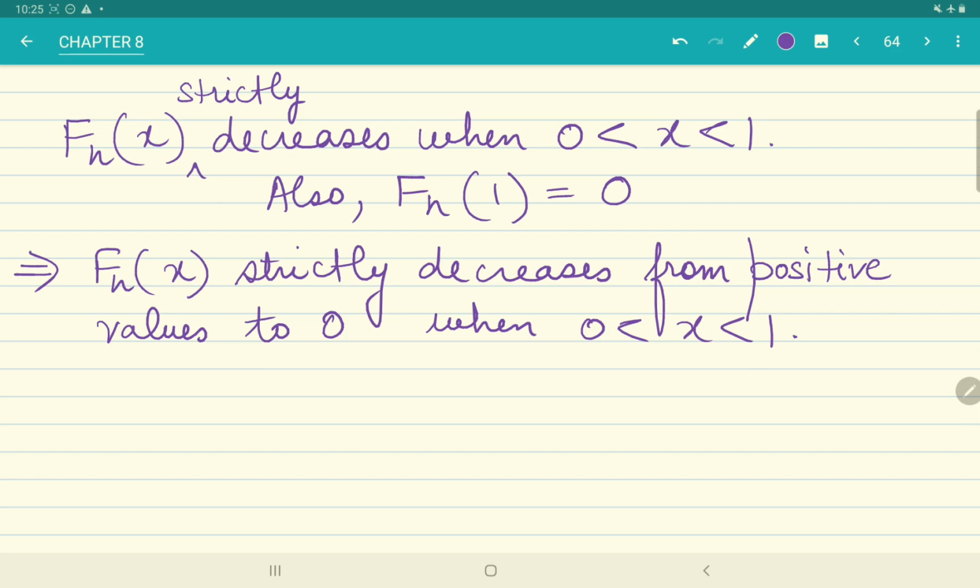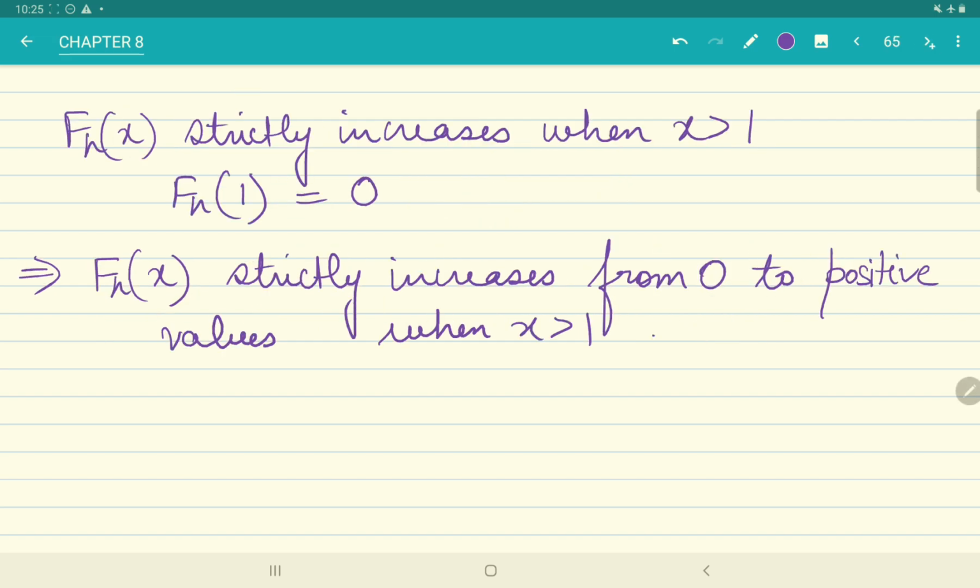So first we see that fh of x strictly decreases from positive values to 0 when x is between 0 and 1, and then I see that it strictly increases from 0 to positive values when x is greater than 1. At x equal to 1, the function takes on the value 0.